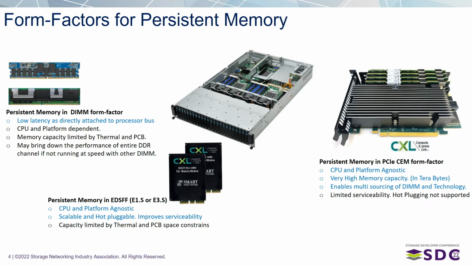You cannot use your DDR4-based NVDIMMs or Optane DIMMs on a DDR5-based CPU. You have to buy new DIMMs. The second and the most important one is it will bring down the performance of the entire bus if it runs slower than the rest of the DIMMs. So again, Optane DIMMs, which use a different type of protocol and run slower than the standard DDR4 or DDR5, were not a good fit because they will bring down the performance of the entire channel.